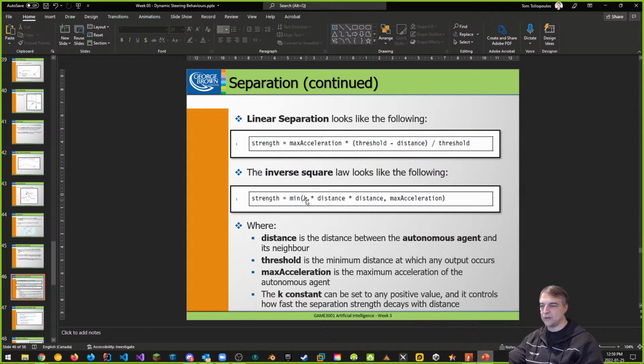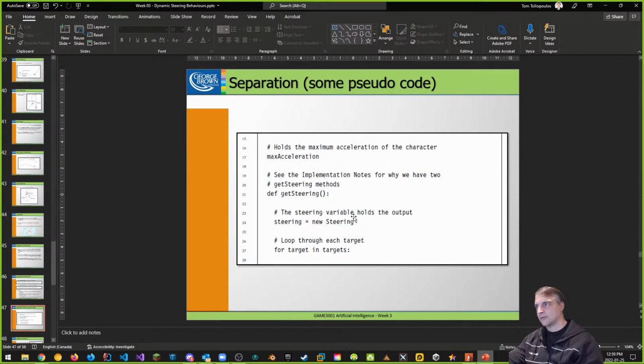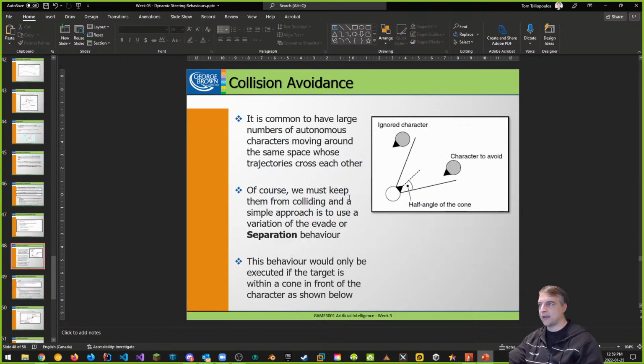So I multiply that by the distance squared, and then I take the minimum value between that and my maximum acceleration, and that comes up with my new strength, the separation strength, which is really another way of saying how far do I want to move, side slip if I can, or change my acceleration value to that strength. So kind of an interesting way of doing it. And again, I put some pseudocode in there for you to look at.